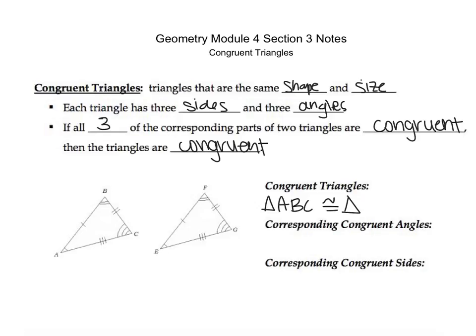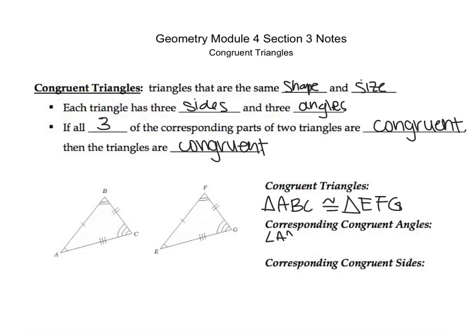Since angle A was congruent to angle E, I'm going to start with that letter. Then angle B was congruent to angle F, and then angle C was congruent to angle G. So triangle ABC is congruent to triangle EFG. If I happen to name my first triangle differently, then the naming of my second triangle would change as well.